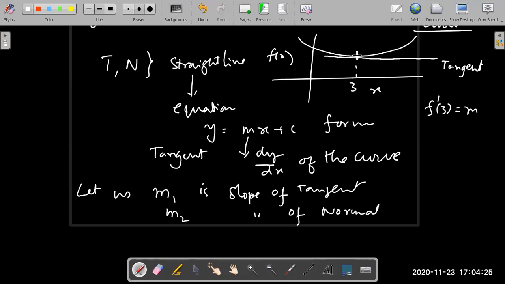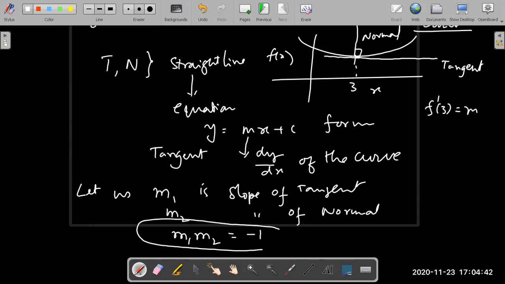Normal is exactly perpendicular to this. This is normal. It can be down way also, this way also. So normal is perpendicular. Therefore, if both are perpendicular, m1 multiplied by m2 is equal to minus 1. We use this rule in this exercise. If you find m1, then m2 is equal to minus 1 by m1.